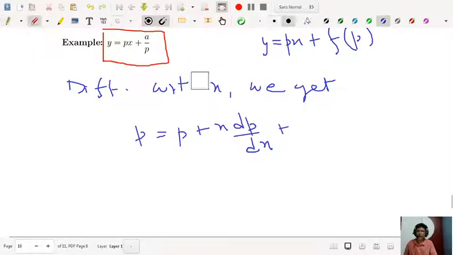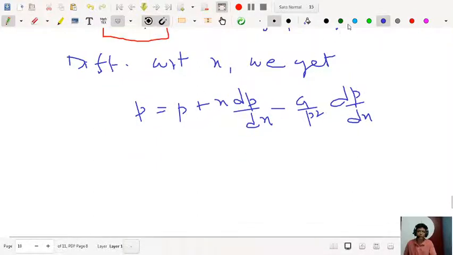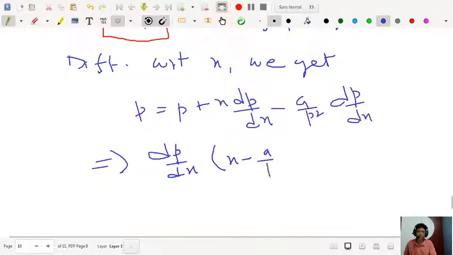And the last term will be minus a by p square dp dx. Okay. So your p is gone, and if you simplify, dp dx into x minus a by p square equal to 0.